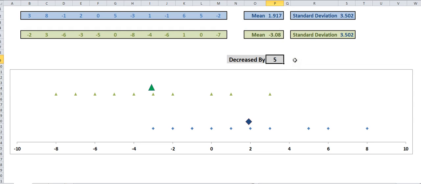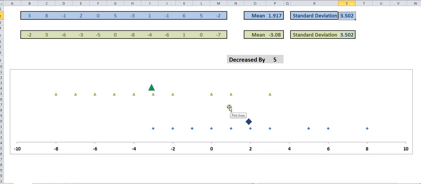Well, let's think about why. What is the standard deviation again? Standard deviation is the average distance each data point is from the data set's average. When we looked at the blue data set, we did a real rough collection of the distances. And we said if we average all the distances of all these data points from that average point, the average of all those distances becomes a standard deviation.